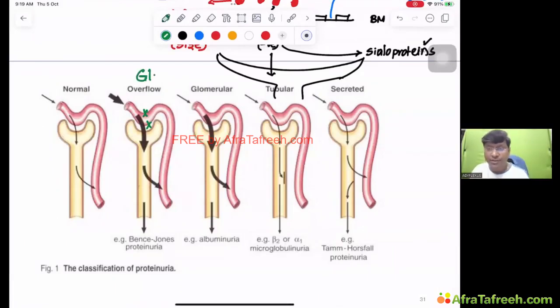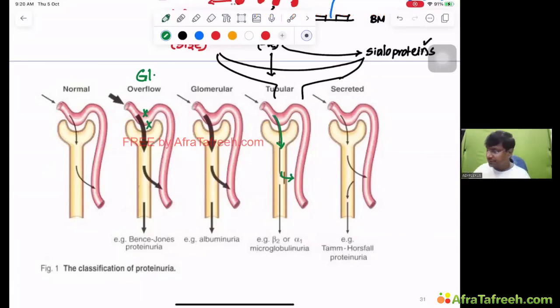One more point you should remember is that there are some small proteins. They can be easily filtered from the glomerulus and they have to be absorbed in the tubules. But if there is any pathology in the tubule itself, then those proteins will not be absorbed.